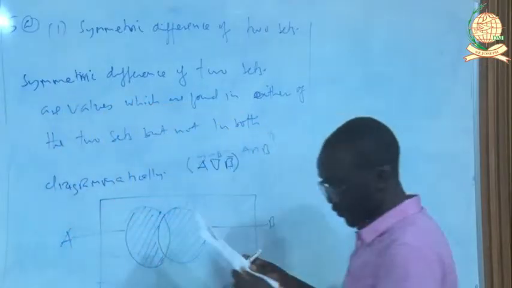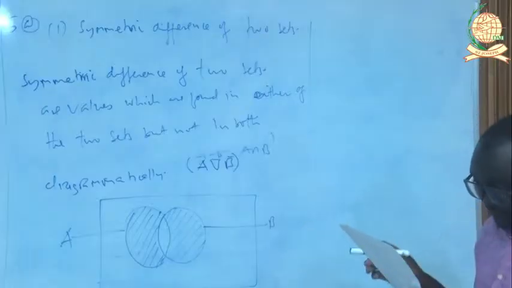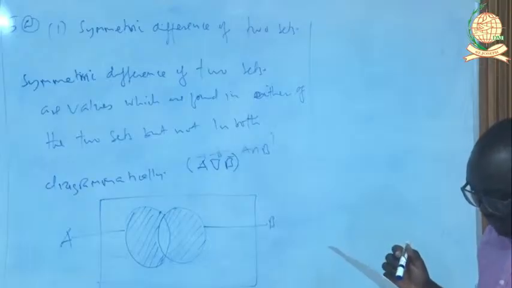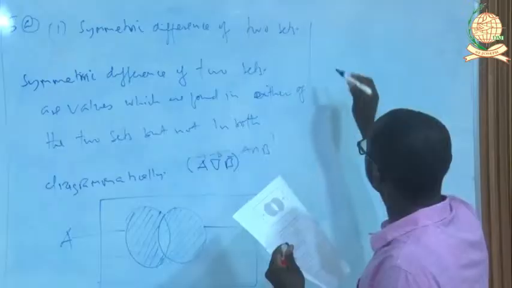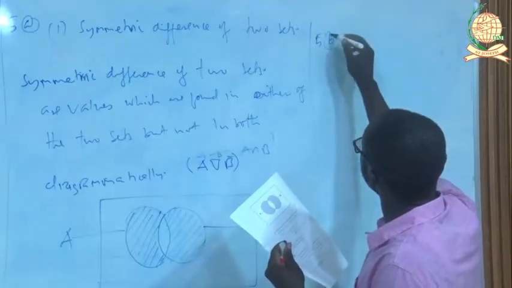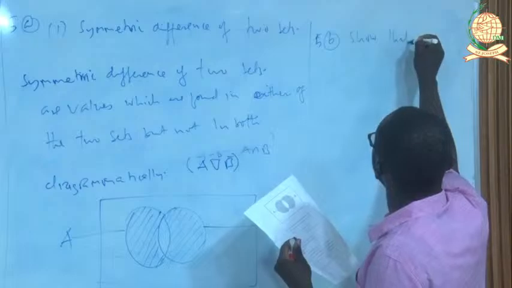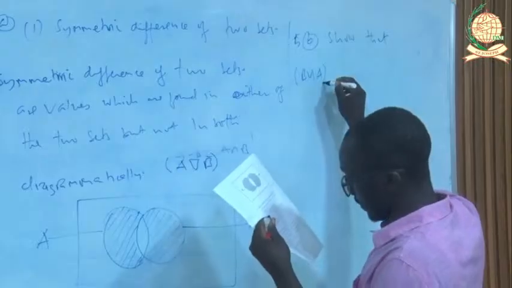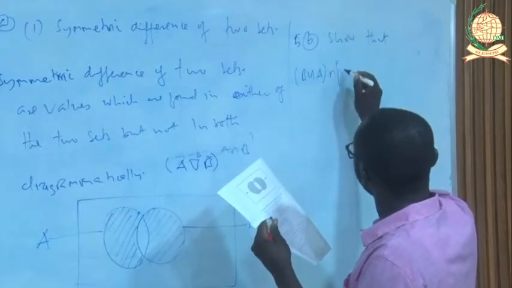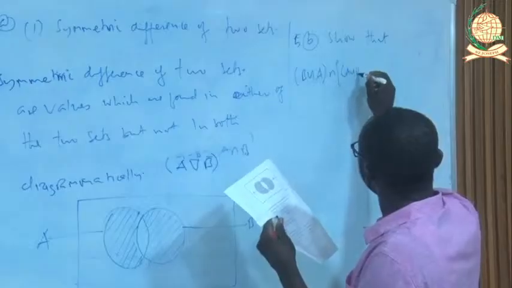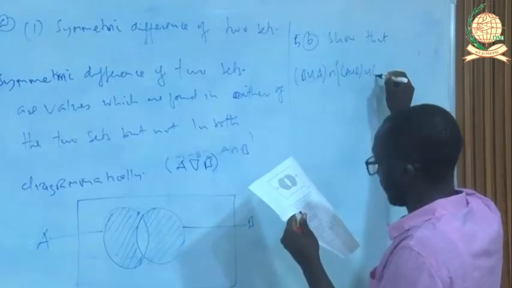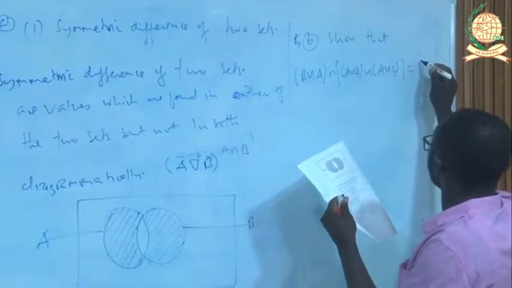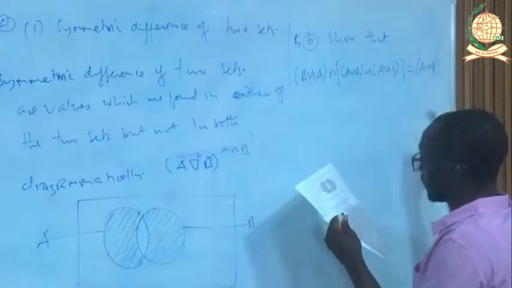So we're going to question number 5B, which says, using the laws of set algebra, show that B union A intersection A union B union A union C is actually equal to A union B, this way.